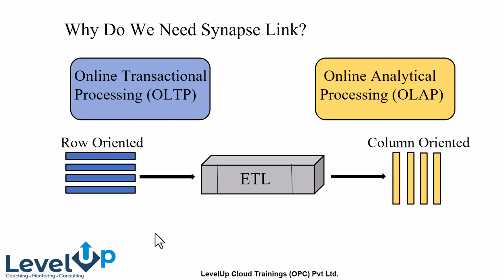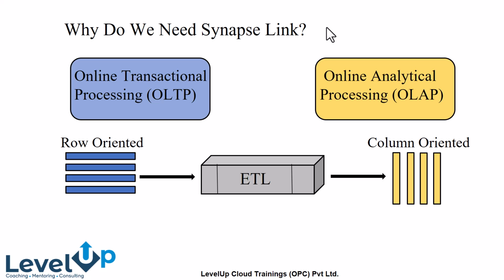Now, first, let us understand why we need a Synapse Link. Many businesses have separate architecture for transactional and analytical processing. The transactional architectures are generally designed to deal with individual transactions very quickly and efficiently, for example, inserting a single record into a transaction table when a transaction happens.